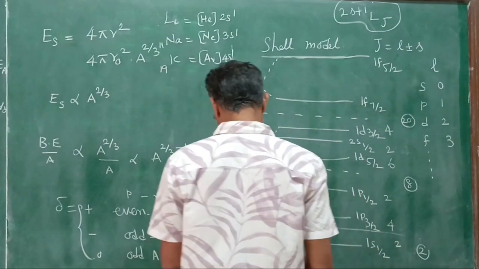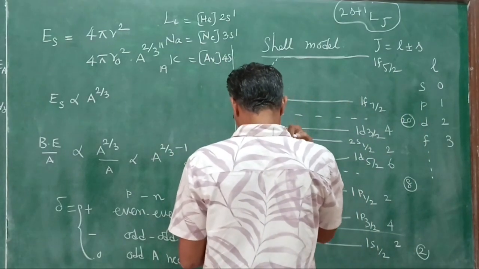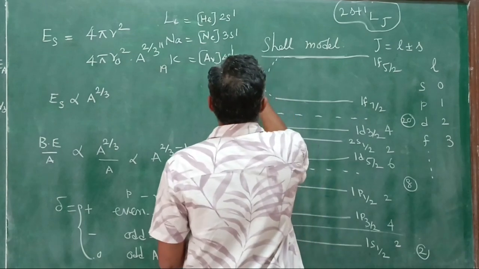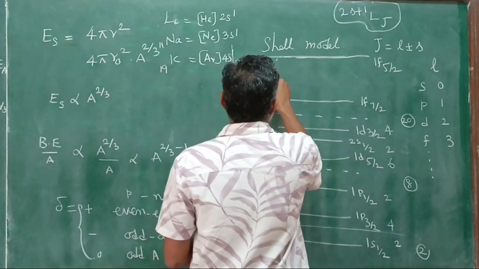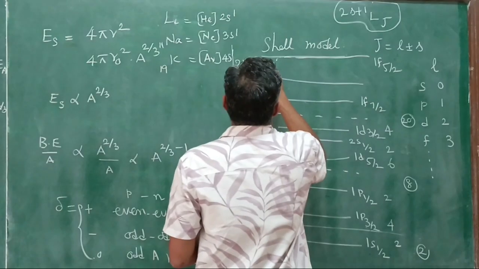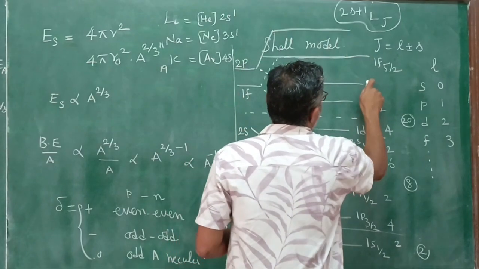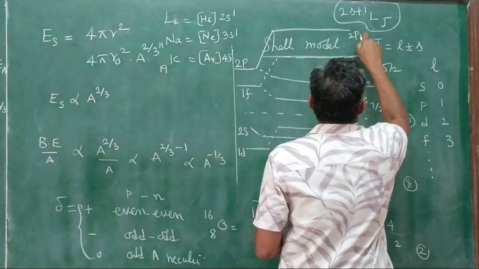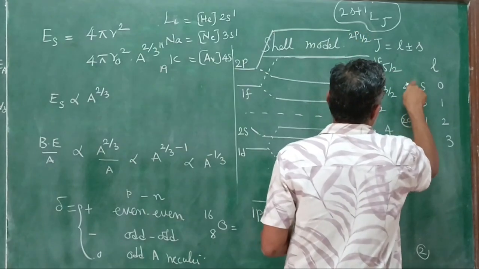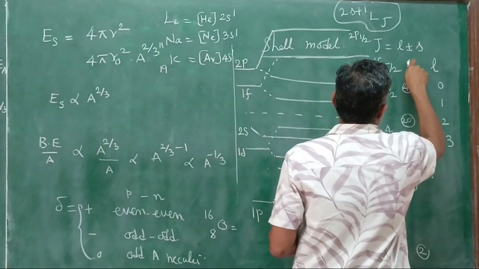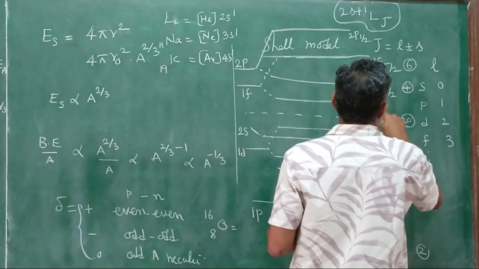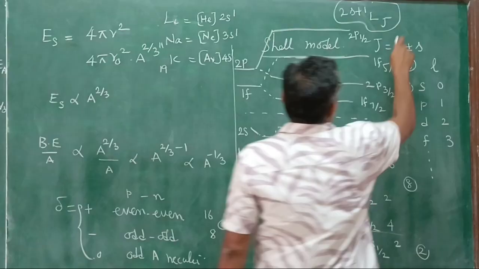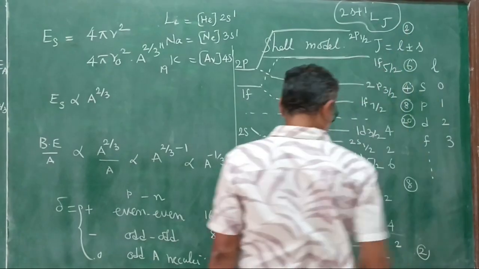And in between, you get 2p, and this 2p will come here. So we have 2p 3 by 2 and 2p 1 by 2. So here 4 electrons are there, and here 6 neutrons are there, sorry, and here 8 neutrons are there. So again here 2 neutrons.